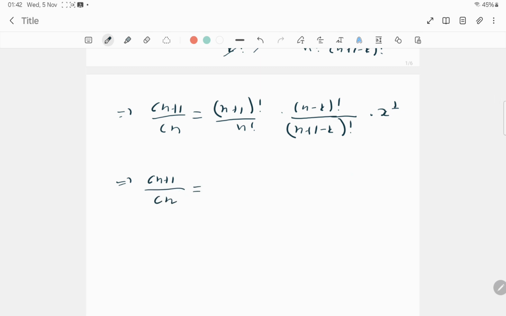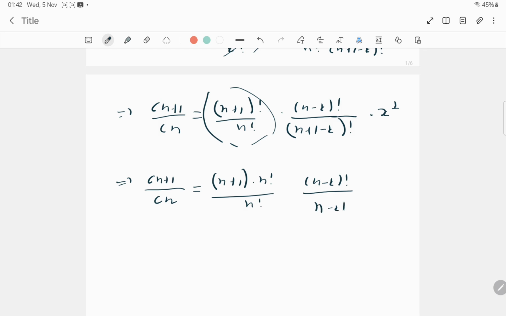Okay, we can work out this quotient here. It is going to be n plus 1 times n factorial over n factorial, and the other one is going to be n minus k factorial over n minus k factorial times n plus 1 minus k, times x to the first power.